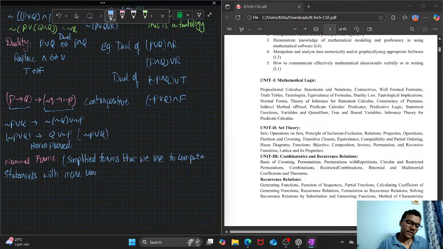As the number of variables increases, the number of columns or rows that you need for a truth table increases. So the computer cannot handle them. So we use normal forms to simplify them.